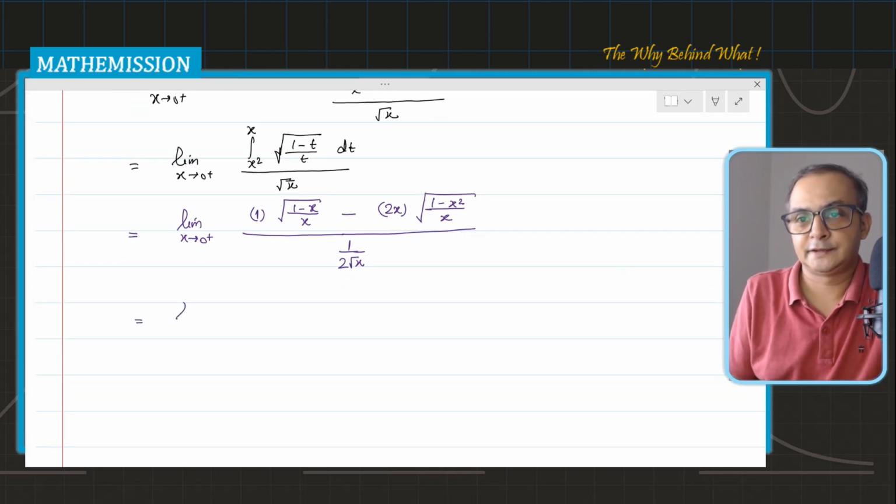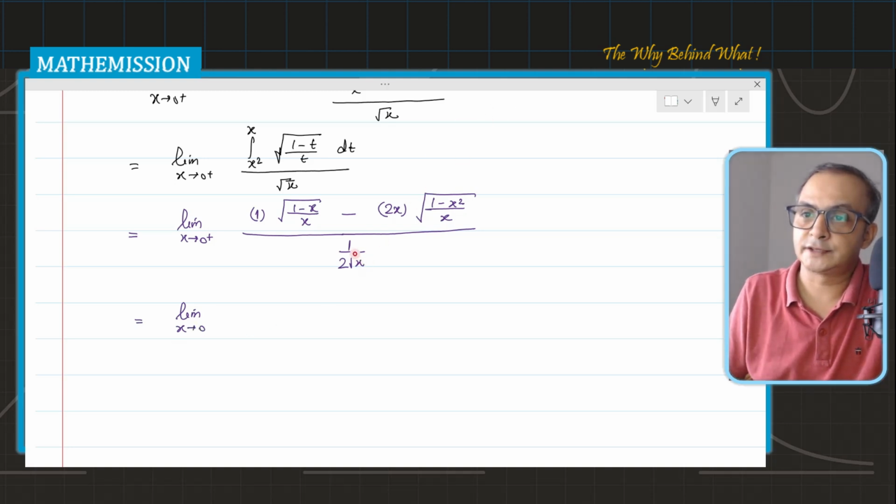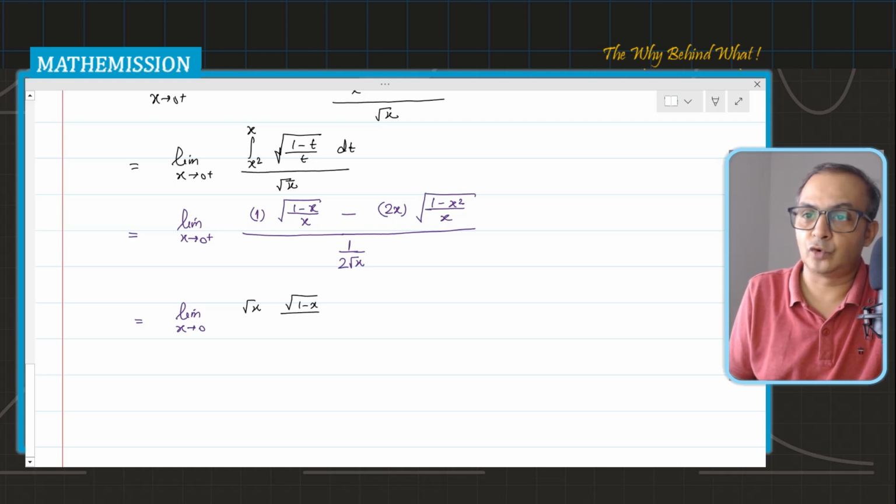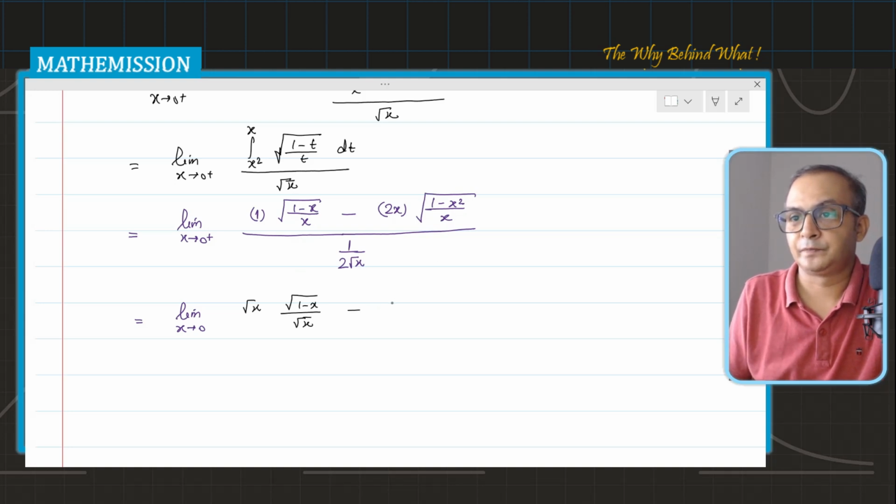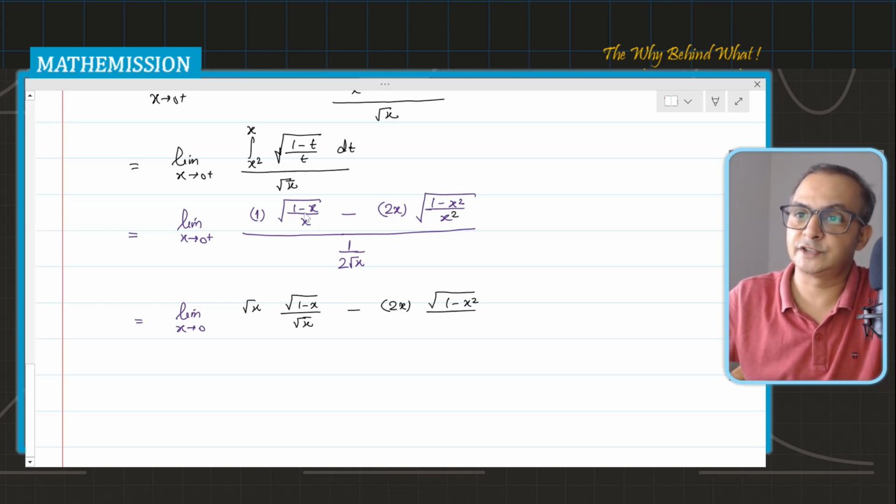Notice that limit x tends to 0, I'm writing, and I'm sending this root x to the top. So this will turn into root x, and this is 1 minus x over root x by splitting this, minus here I'm writing this 2x, and this is square root of 1 minus x square. By the way, I made a mistake in writing, and that will become mod x.